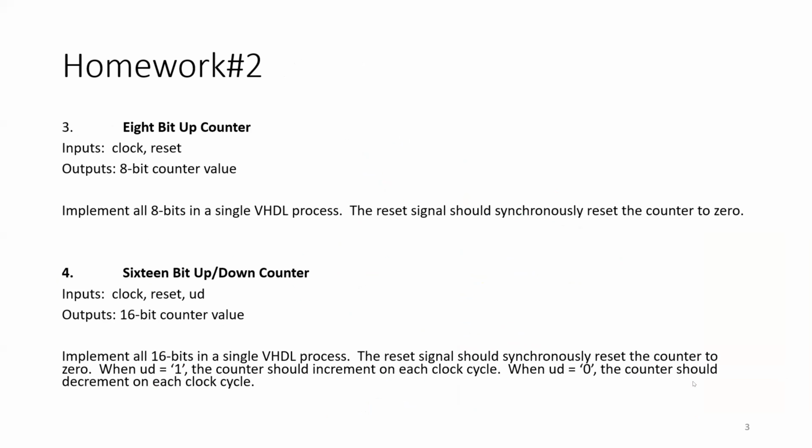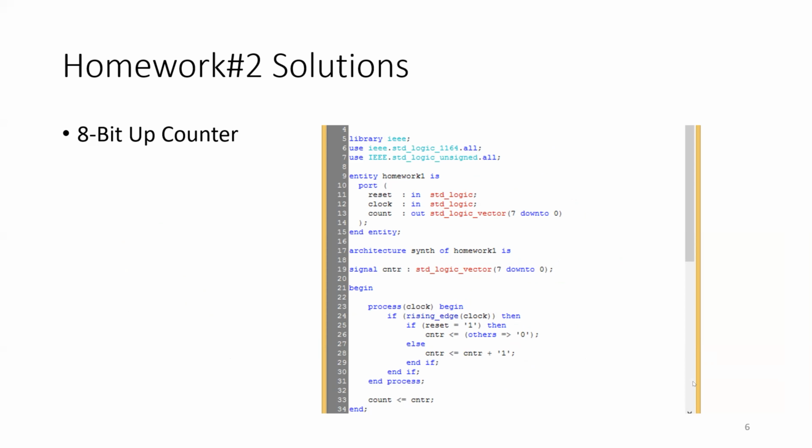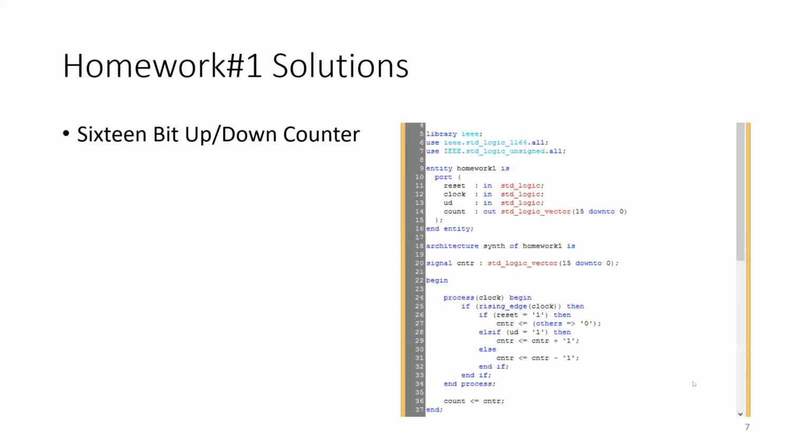Last one is 16-bit. This 16-bit is an up-down counter. So I have here UD, up-down. This is an input. With this input, everything is the same as before.